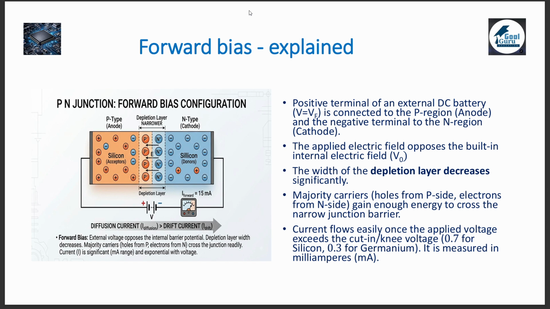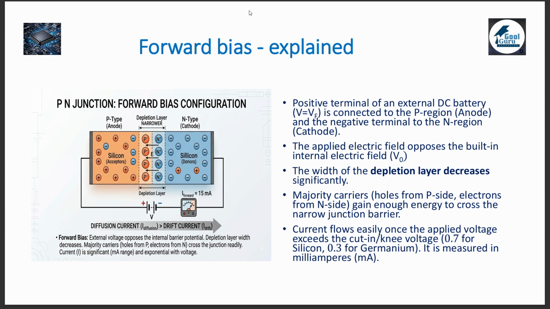Forward bias, we have already seen that the positive terminal of an external battery is connected to the P and negative is connected to the N. The applied electric field, that is V, opposes the internal electric field, which is denoted by V naught. Here, the applied voltage V is equal to Vf, F meaning forward bias condition.